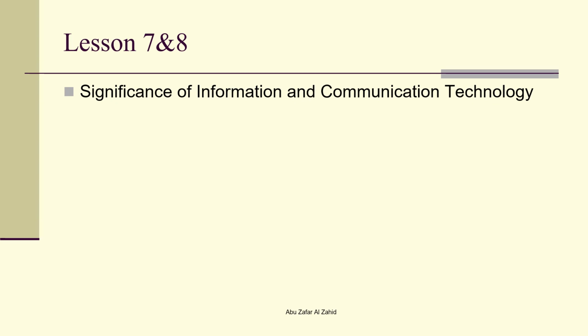Lesson 7 and 8 discusses the significance of information and communication technology. We can make our lives much easier by using ICT. Tasks that earlier used to take a long time to finish and were dull and uninteresting can now be completed in the twinkling of an eye with the help of ICT.